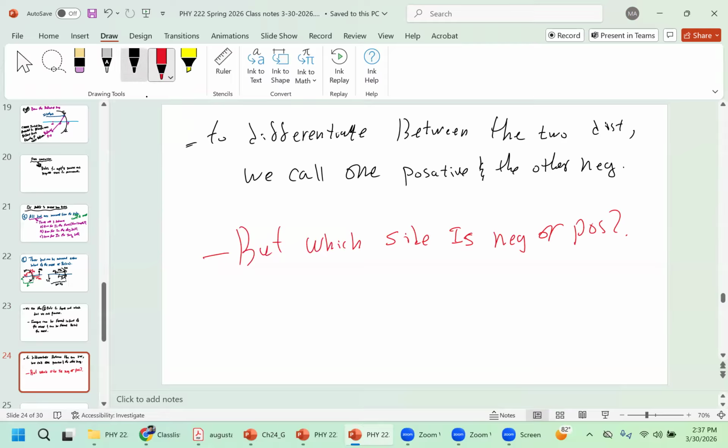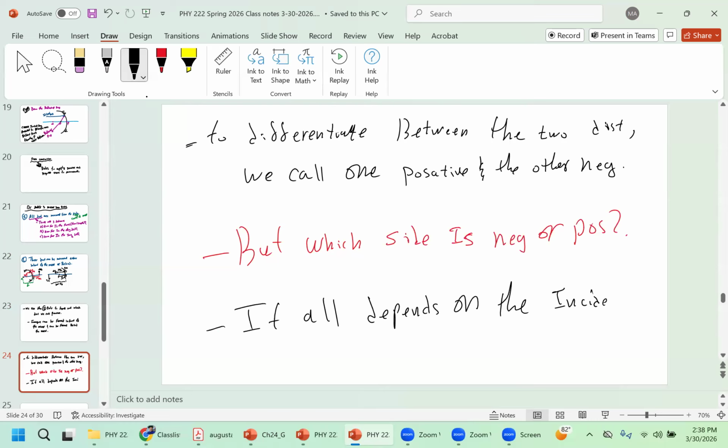And it all depends on the incident ray direction. And what do I mean by incident ray direction?